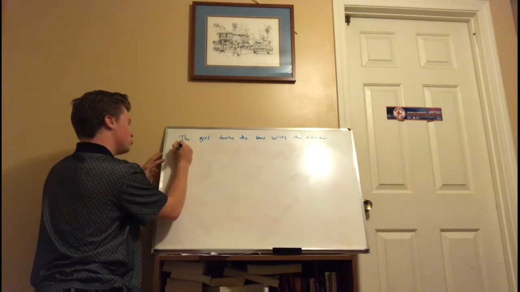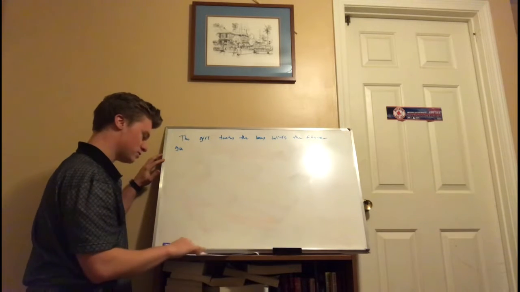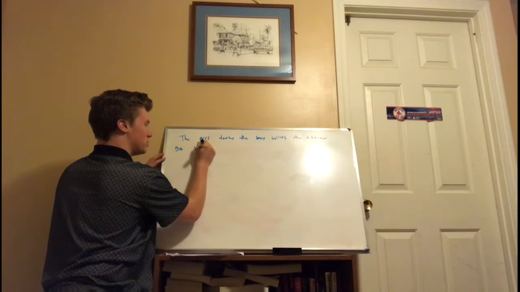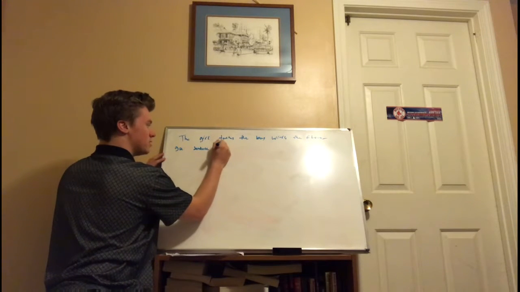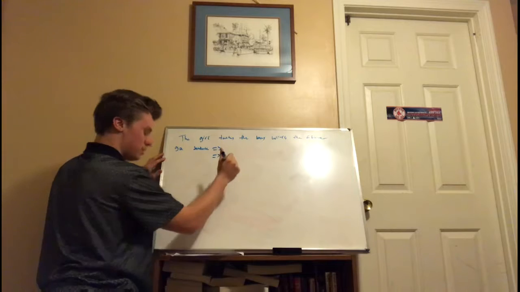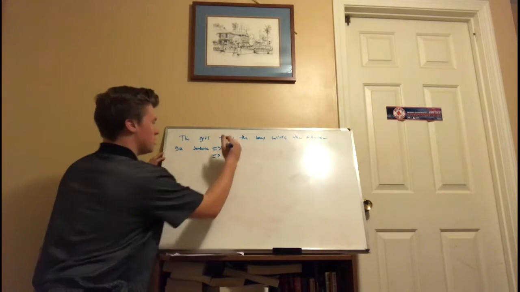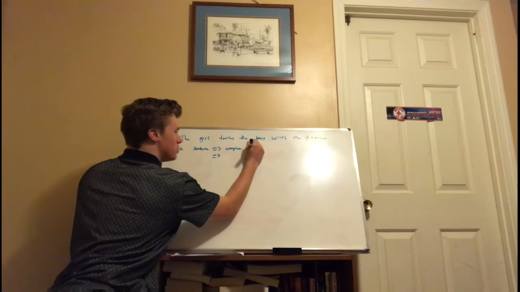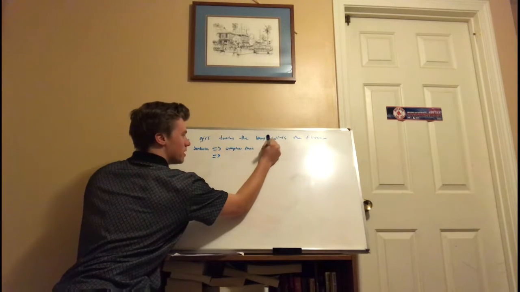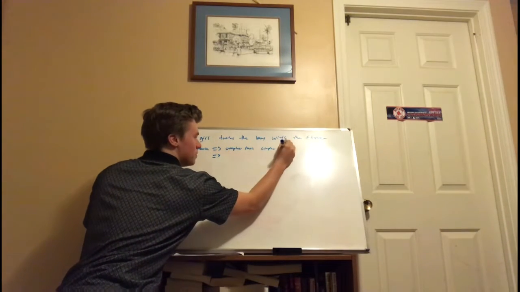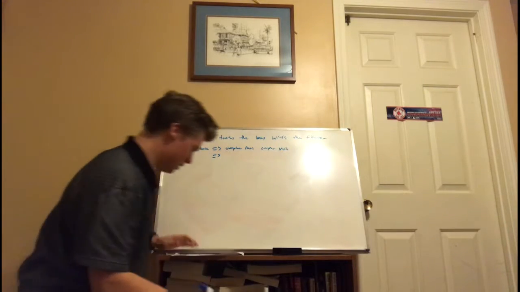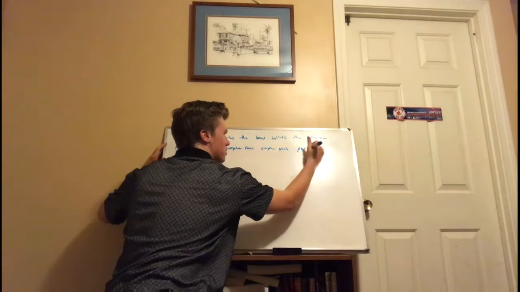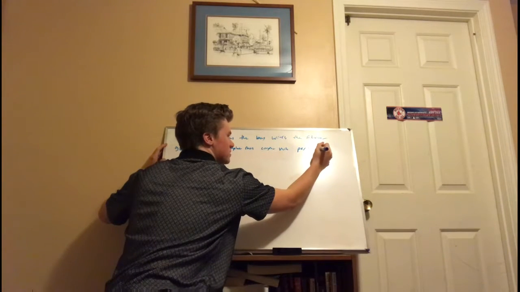So in G2 grammar, discussed in the textbook, there's 2 ways a sentence works. So a sentence can be broken down into basically a complex noun, complex verb, and a prep phrase.